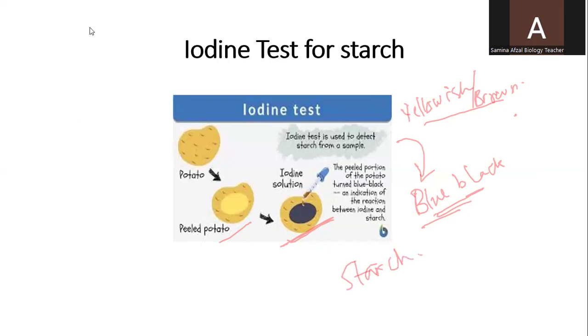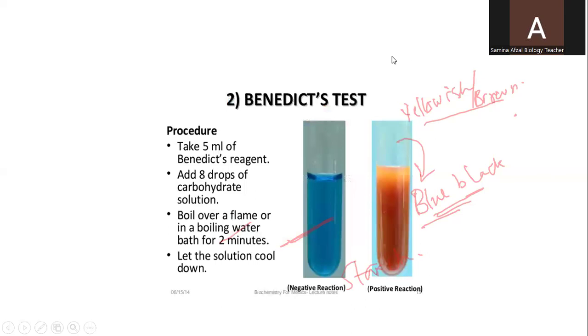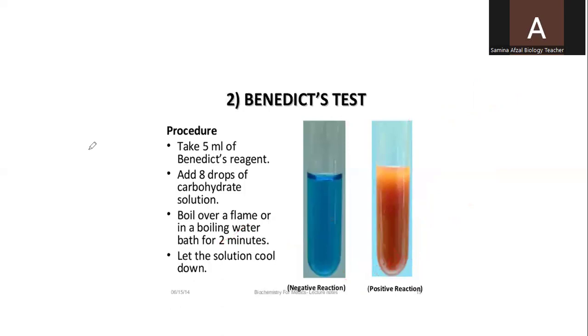Now I would like to move towards the second type of test, which is the Benedict test, which is used to find out glucose or reducing sugar in the given solution.